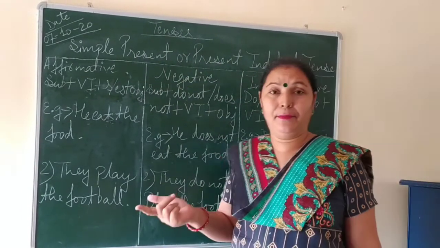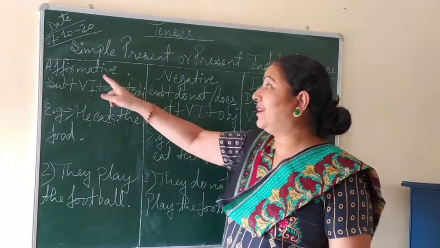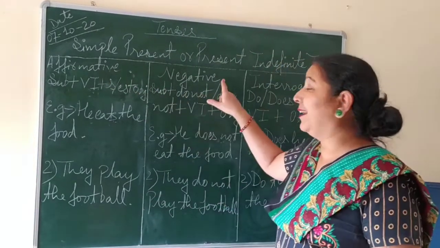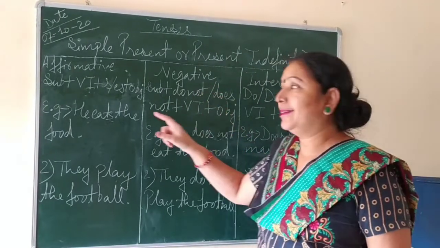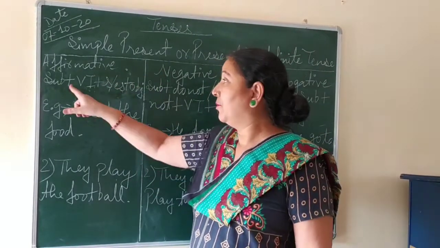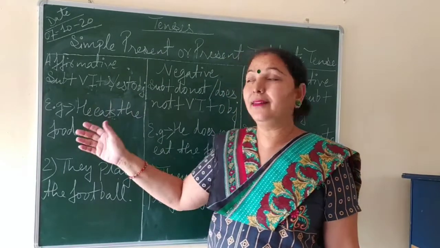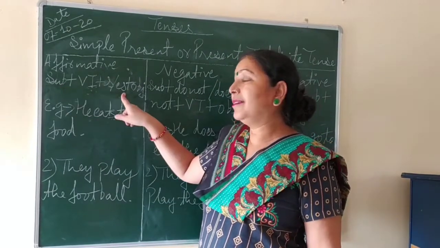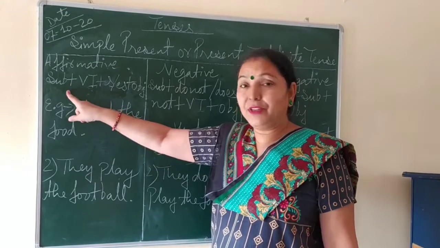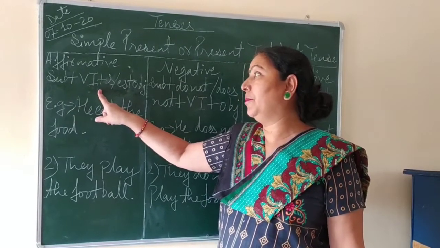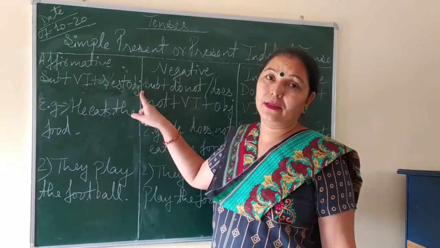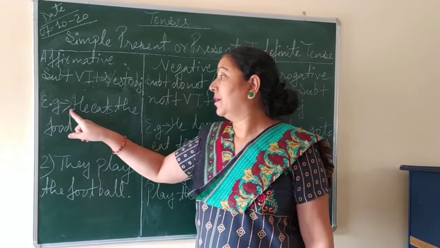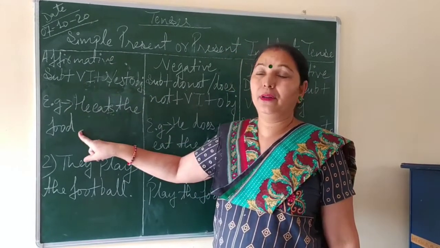Tenses, first we'll go through simple present, or we can say present indefinite. It means the same, both are the same. So let's see the affirmative, negative and then interrogative. There will be three sentences according to this. First one is affirmative. Under this, the structure of the sentence is: subject plus verb plus S or ES for singulars, plus object. For example, he eats the food.